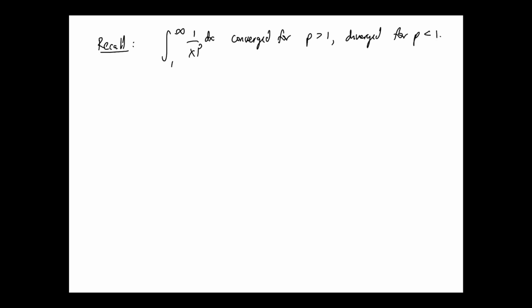Let's recall the result from before: the integral of 1 over x to the p converged when p was bigger than 1 and diverged for p less than or equal to 1.